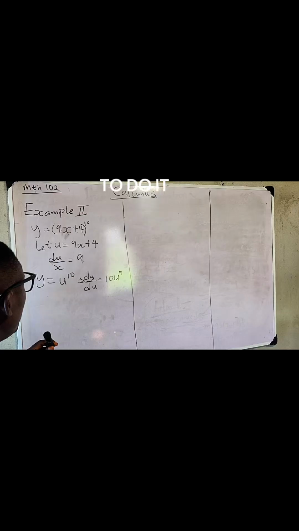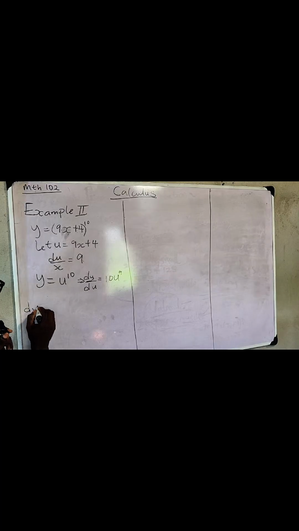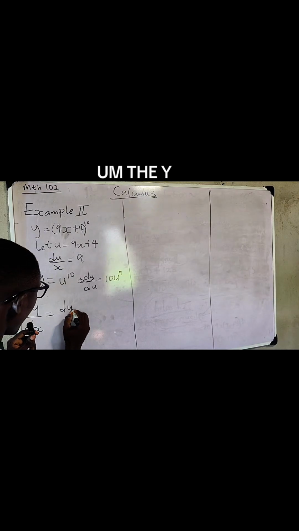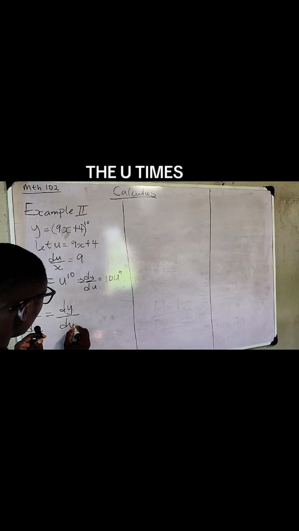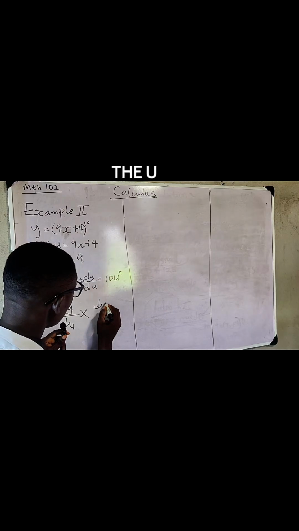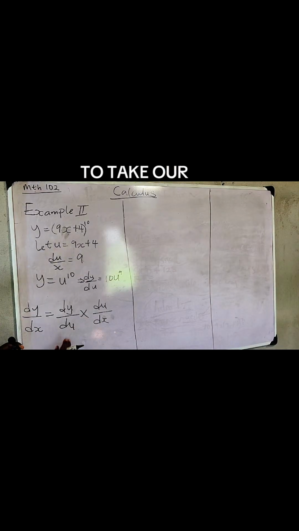We know that's how we used to do it. Then using the chain rule method, dy dx is equal to dy du times du dx.